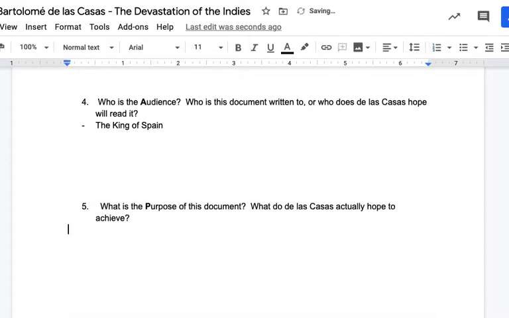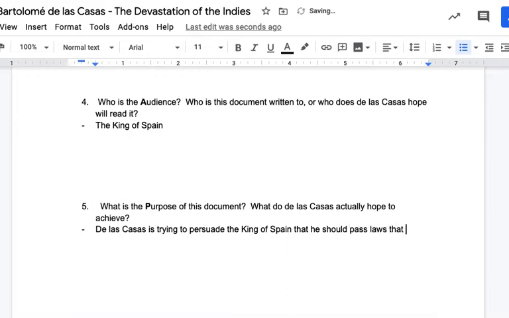So his purpose would be something like De las Casas is trying to persuade the King of Spain that he should pass laws that protect the native people.